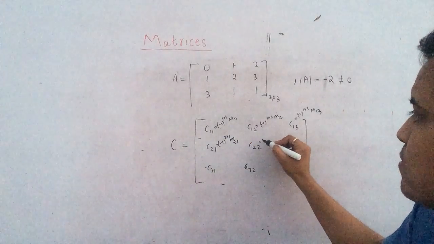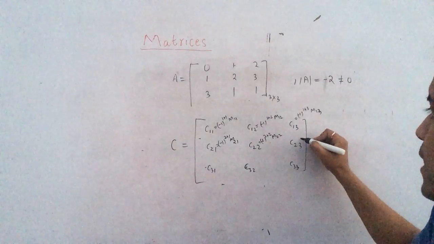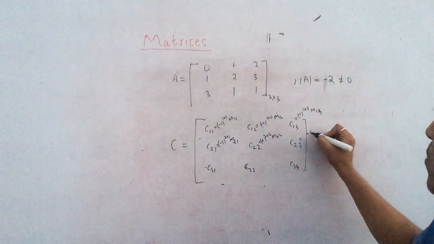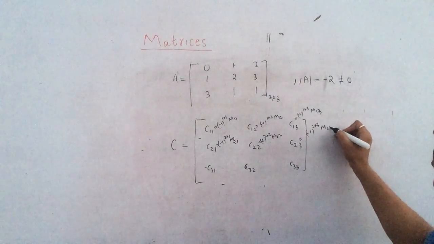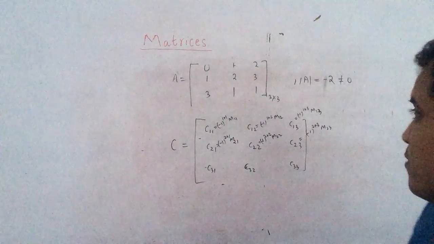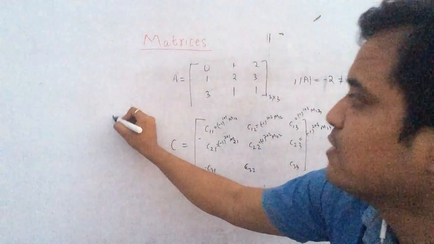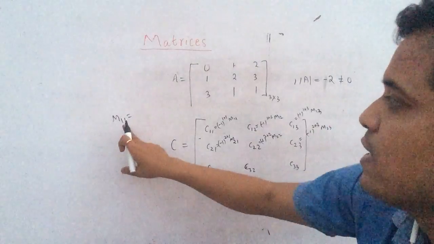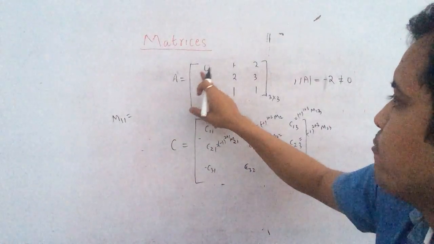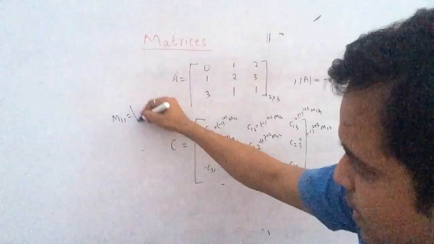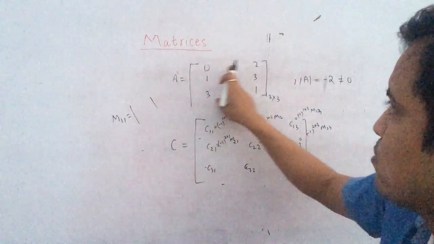C22 is minus 1 raised to power 2 plus 2 M22. And C23 is minus 1 raised to power 2 plus 3 M23. I've explained this earlier. How would you find M11? By removing the first row and first column, and you find the determinant of the submatrix.